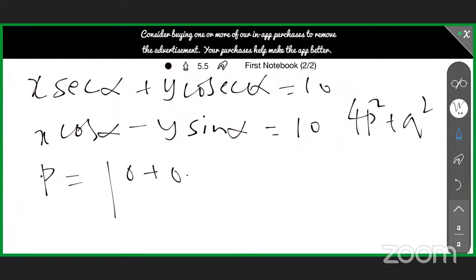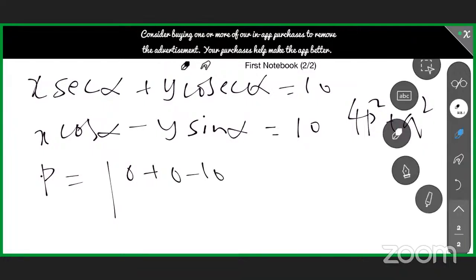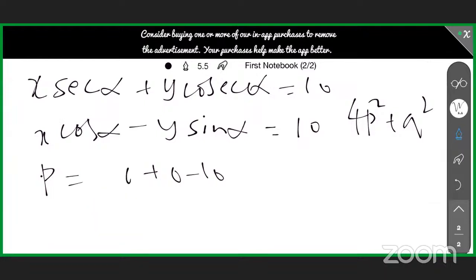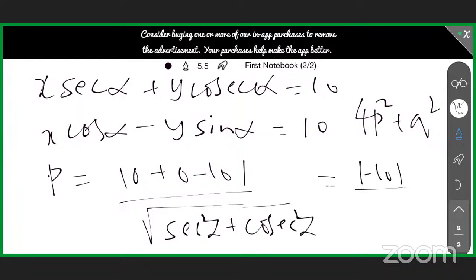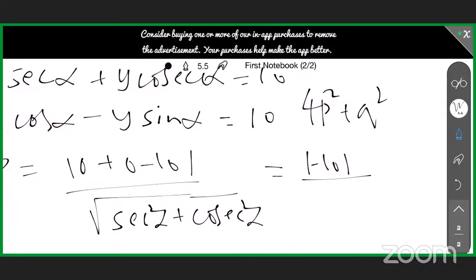0 plus 0 minus 10 by root of secant square alpha plus cosecant square alpha. This will be equal to mod of minus 10 divided by secant square alpha plus cosecant square alpha.